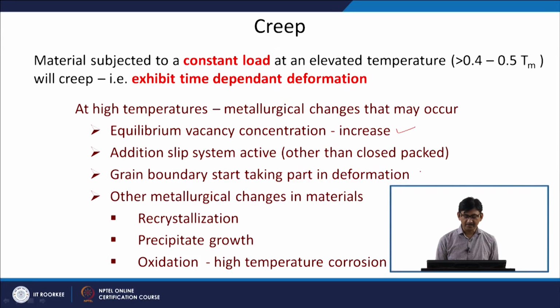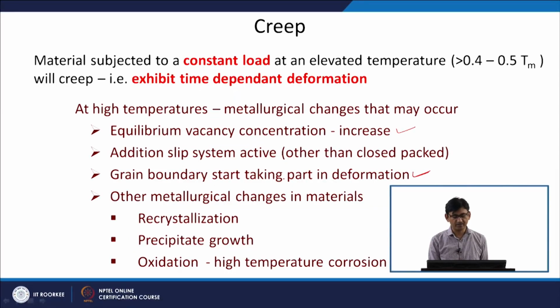For example, in the HCP case, other than the basal plane, which is the close packed plane, and the direction in the basal plane, you will also have slip processes in the prismatic or pyramidal planes, depending upon the C by A ratio of that particular material. And then grain boundaries start taking part in deformation. This is a very important deformation mechanism which starts operating at high temperature.